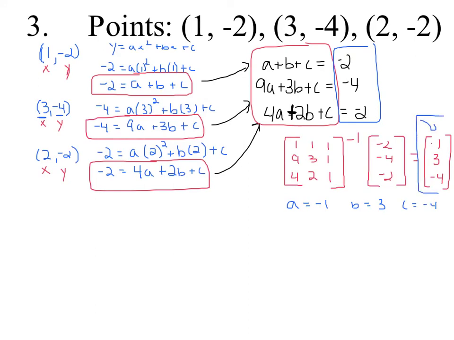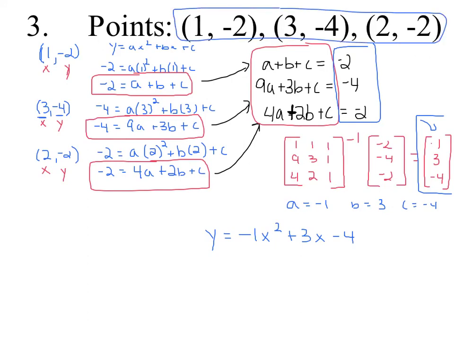It gets you the variables that you were trying to find. So your standard form is y equals negative 1x squared plus 3x minus 4. And if you were to type that in on your calculator to check it, you could go to the table, and your table should show all of these points for that quadratic equation.